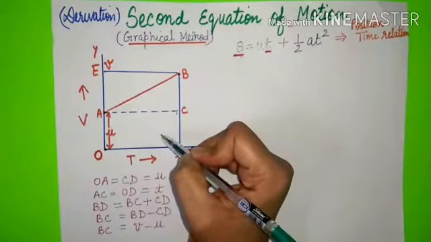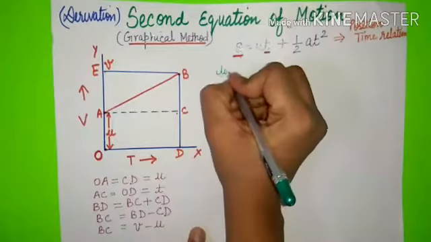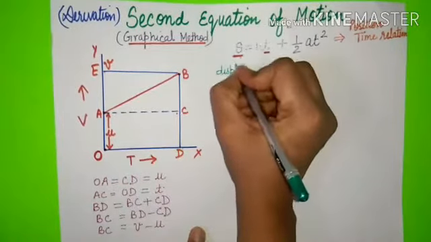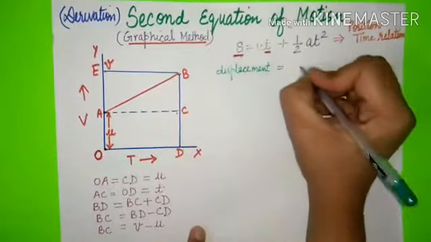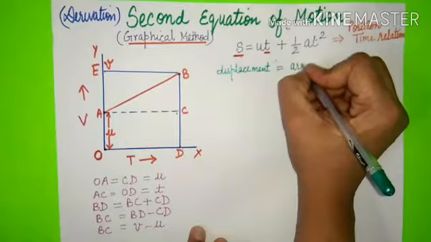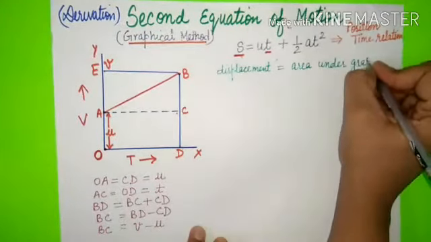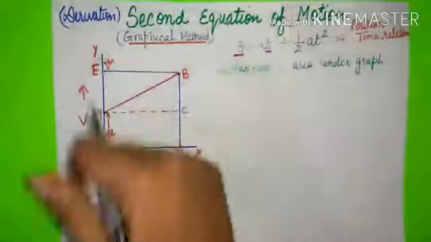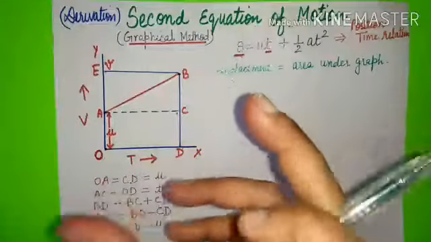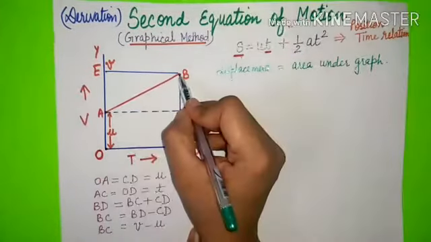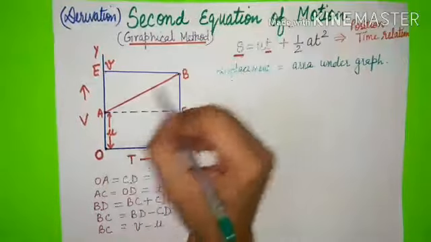That means displacement is equal to the area under the graph. What is the graph in this equation? AB is the graph.